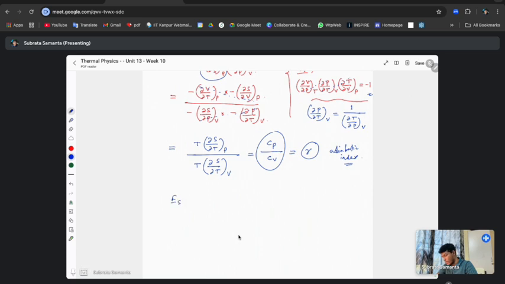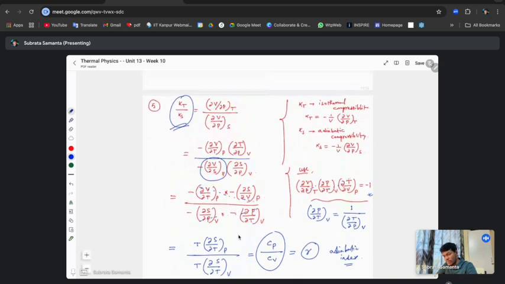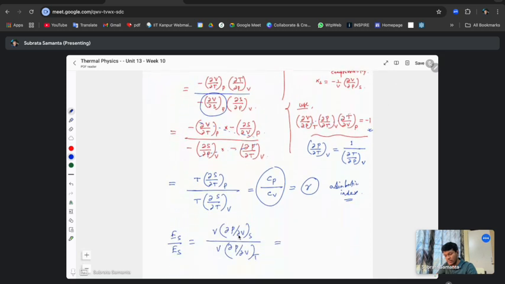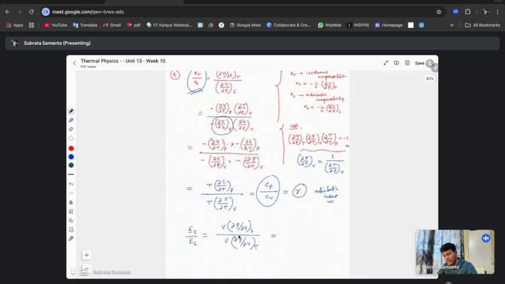So ES over ET is basically V del P del V over S equals V del P del V over T. You start with del V del P over T, here del P del V. So that means this is also a gamma.